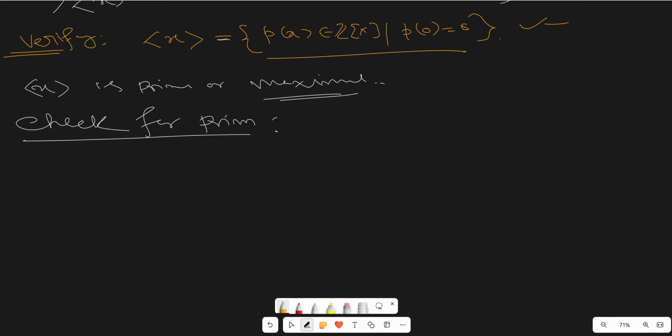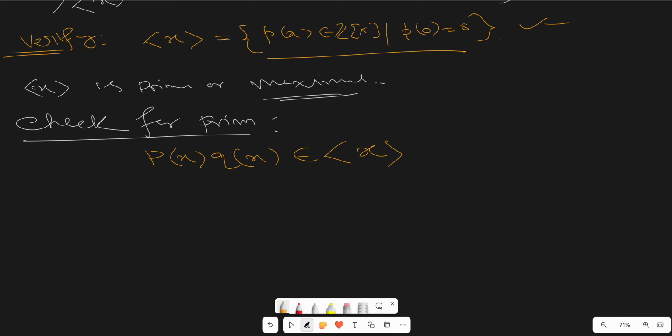Suppose p(x)q(x) is inside the ideal generated by x. If it is prime, you have to show that either p(x) is inside the ideal or q(x) is inside the ideal.